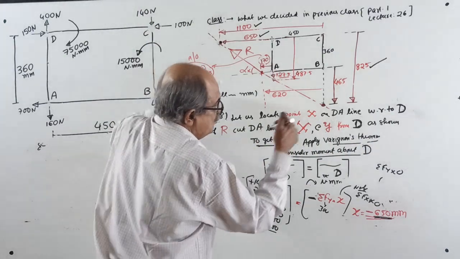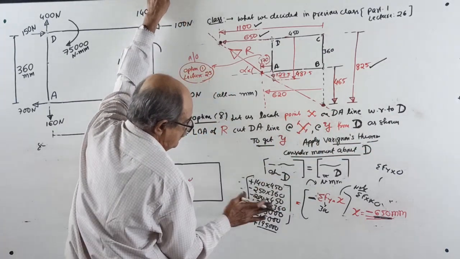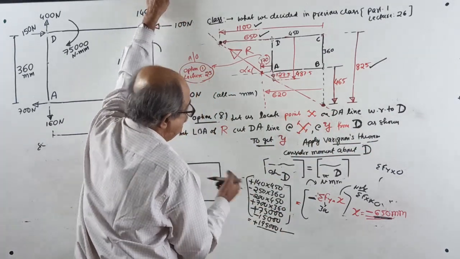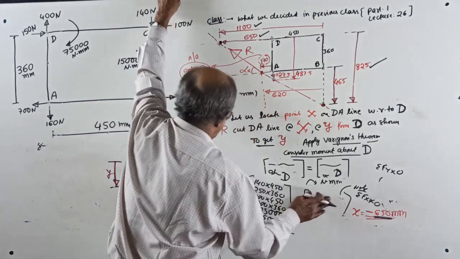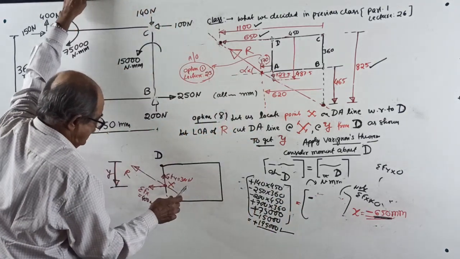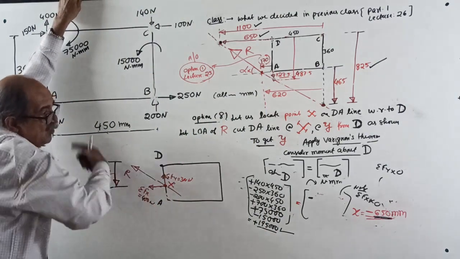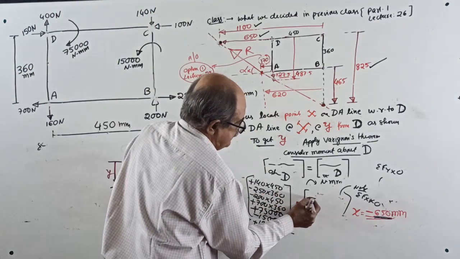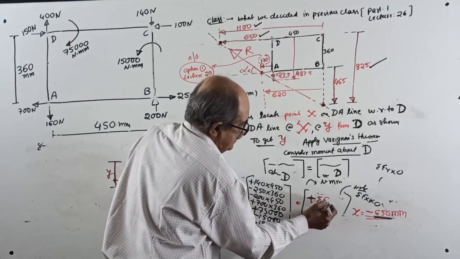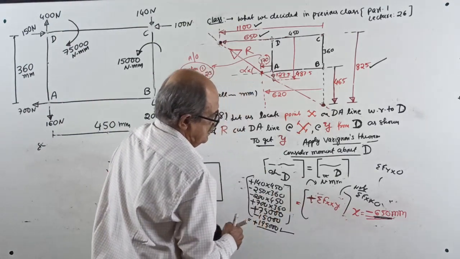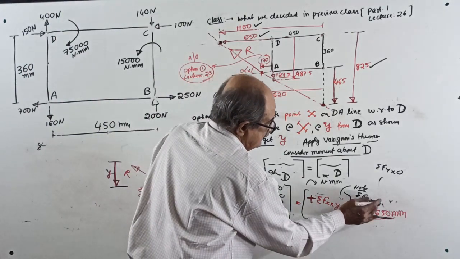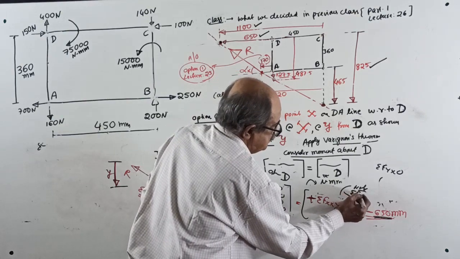Apply Varignon's theorem, once again moment about D. But this will remain the same. Moment about D, but this will change. What happens when you take moment about D? See now, sigma Fx into Y is clockwise, plus sigma Fx into Y. Make a note here: sigma Fy into 0.